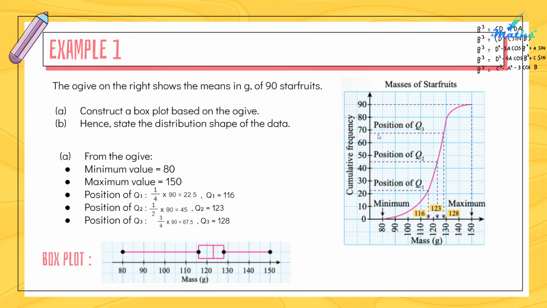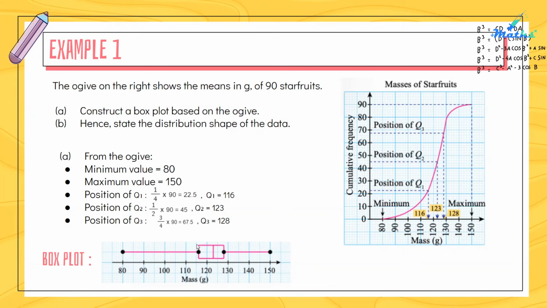In the graph, we find the 67.5, and we draw a line, touch the graph going down, and we get 128.